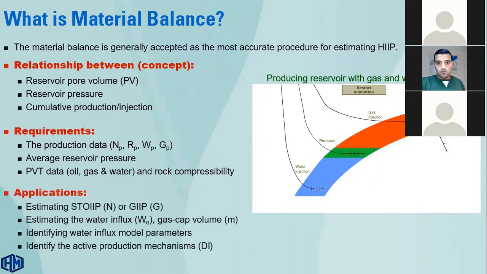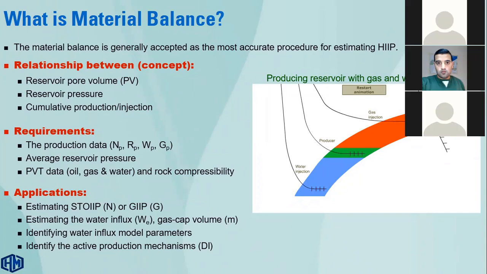So applications of material balance are to estimate STOIIP N or G, oil initially in place or gas initially in place, and to estimate We, the water influx, and m, the gas cap volume.